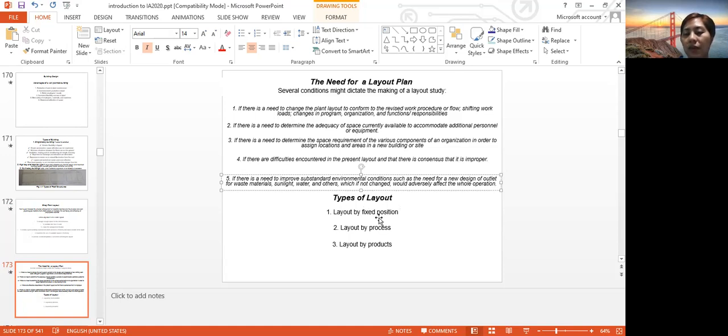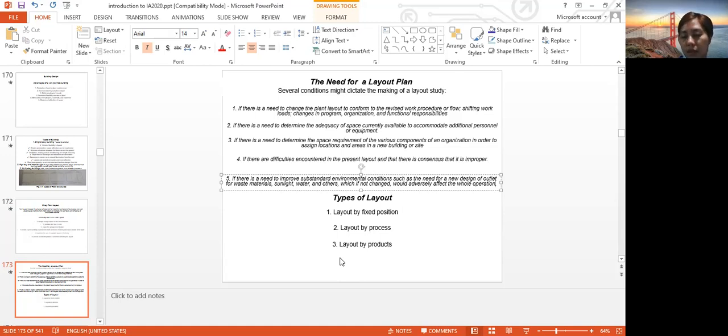Okay, so types of layout: layout by fixed position, layout by process, layout by products. Actually, there are 4 types of layout. The last layout is the combination, just like the types of organizational structure. Like what I said, there is no one best organizational structure.